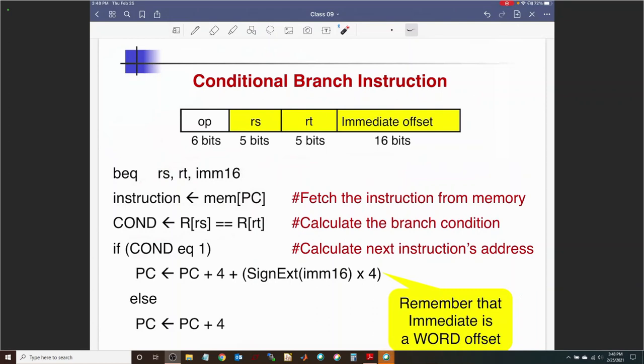So PC will get updated by PC plus 4 plus the 16-bit sign extended value multiplied by 4, because the things are provided as a word offset as opposed to a byte offset. Or else, if the condition did not get satisfied, then you simply go to the next instruction. PC gets updated by PC plus 4.